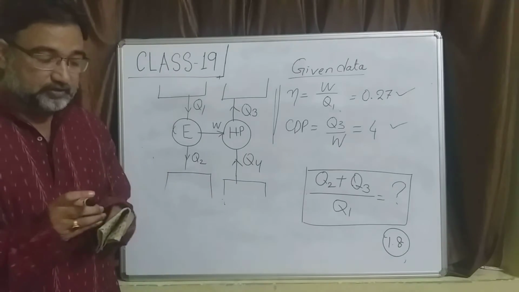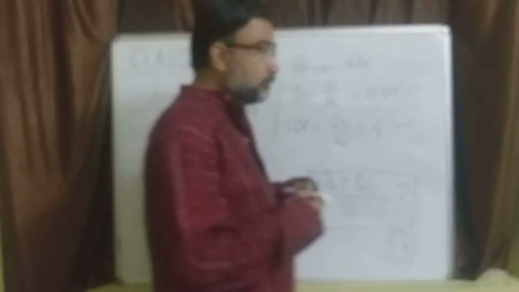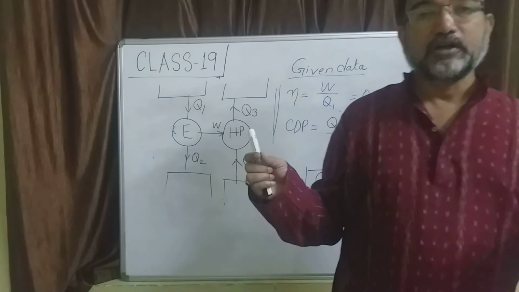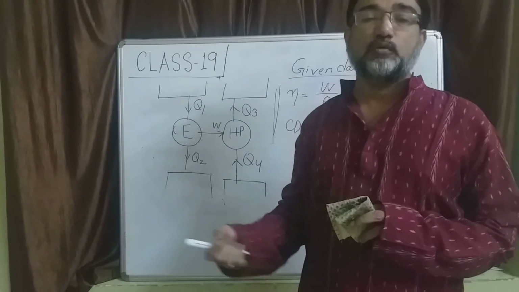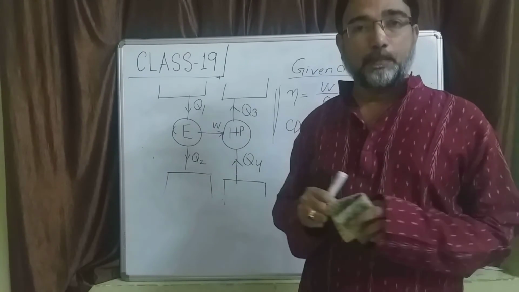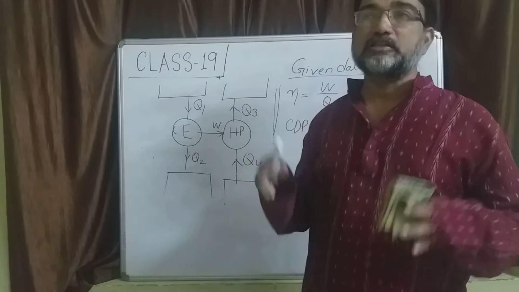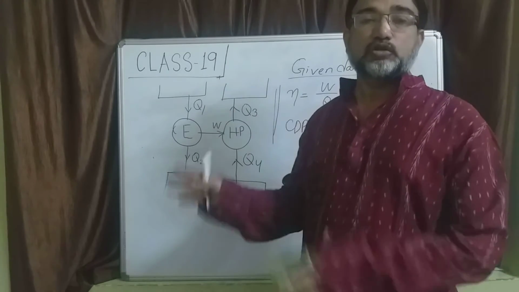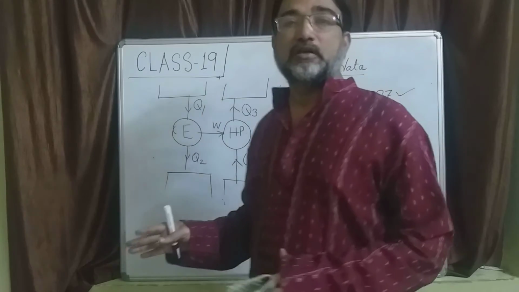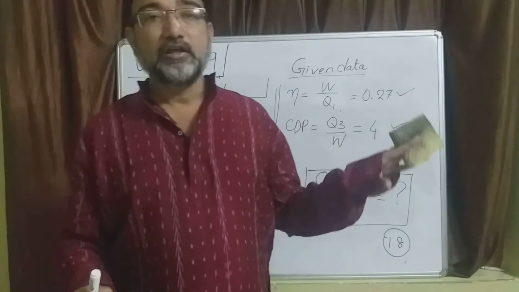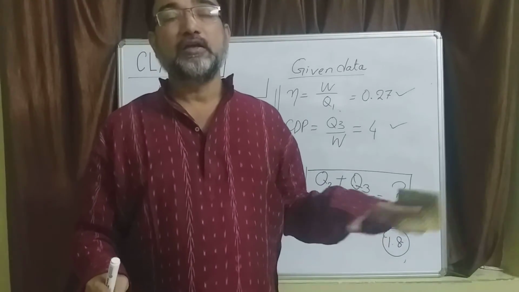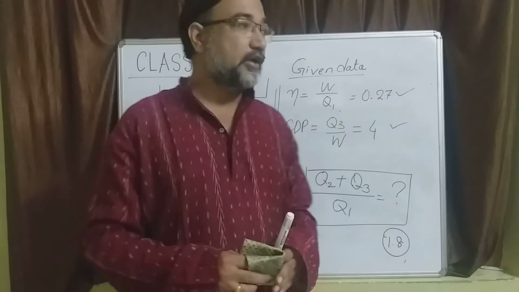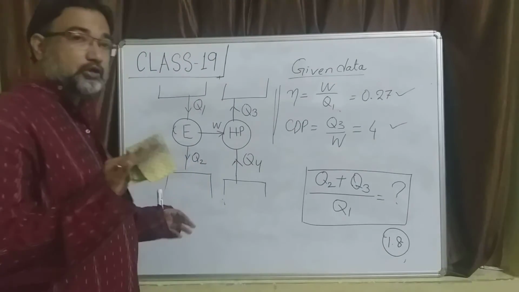So this is a case where two devices, one a power-giving device and one a power-consuming device, are coupled, and the heat transfers from both of them are used for some heating purpose. That amount of heat used for heating purpose divided by the heat input to the engine is to be calculated. Here you have to understand two or three things.